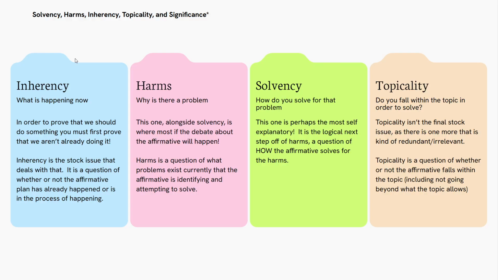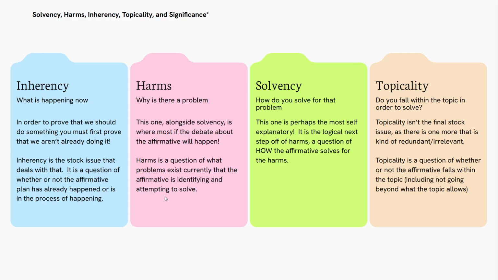Harms. Harms asks why there's a problem or what that problem is. This one, alongside solvency, is where a lot of the debate will happen because, generally speaking, if someone's reading an AF case, it's probably inherent. Now, you should always question that because it sometimes isn't, but the biggest issue is going to be harms and solvency. Harms is a question of what specifically is happening that's bad that the affirmative is trying to solve for.